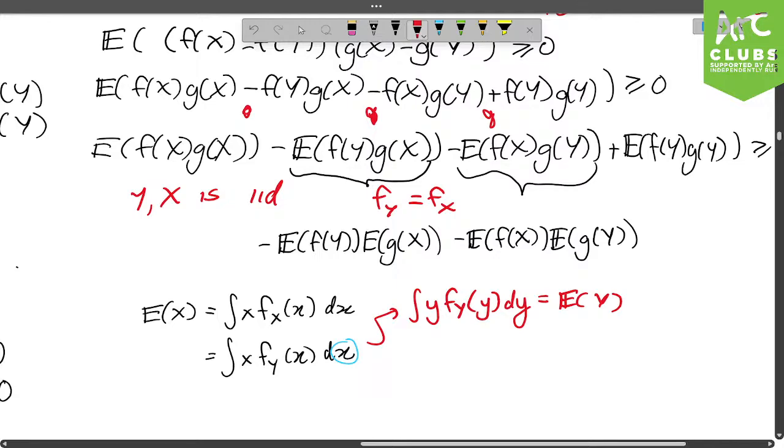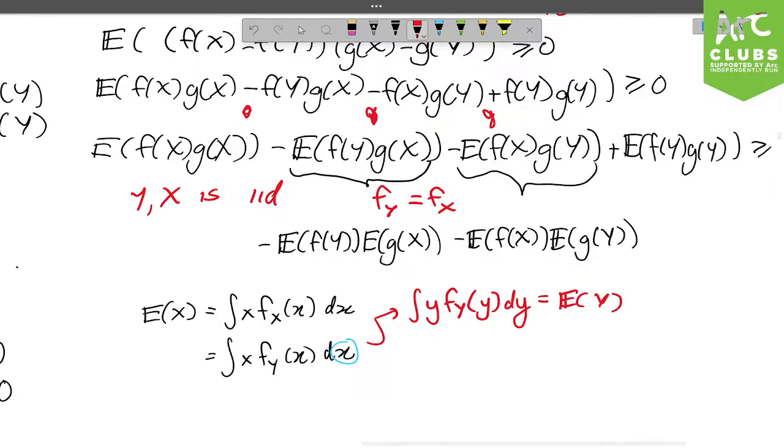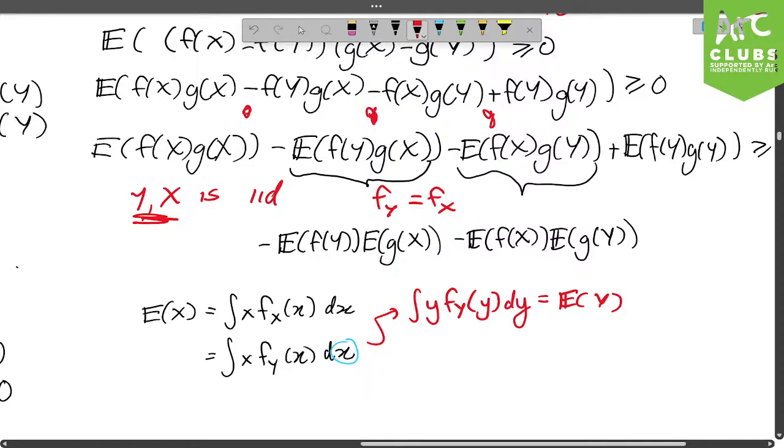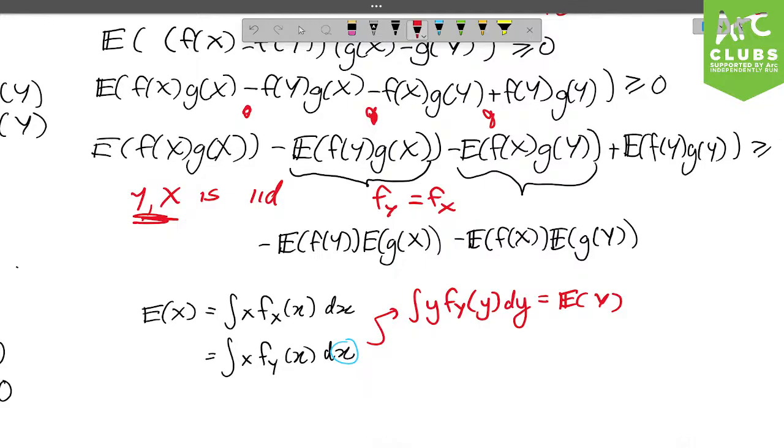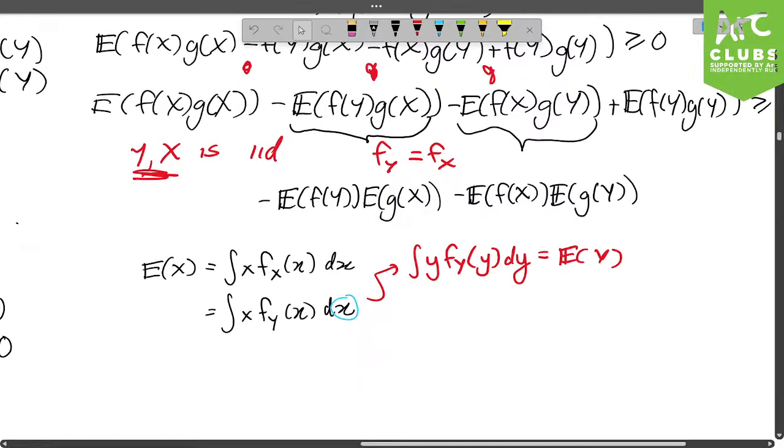So it turns out that if two variables are identically distributed, we can change out the expectation value of x and the expectation value of y. For something a little bit more explicit, we could also write the expectation value of g of x equals the integral of g of x fx of x dx.